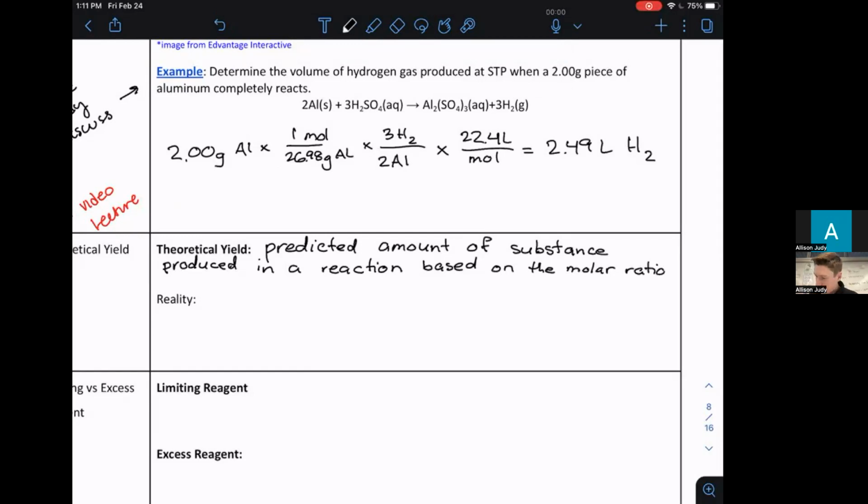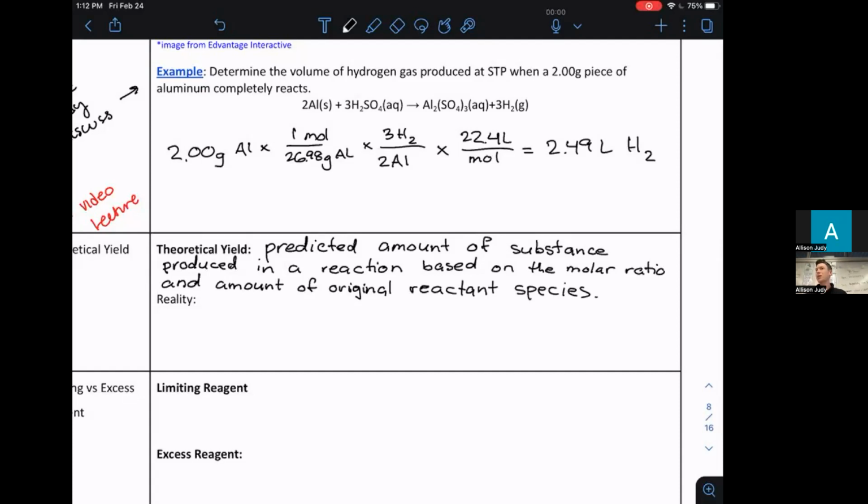And amount of original reactant species. Okay, this is not that complicated.